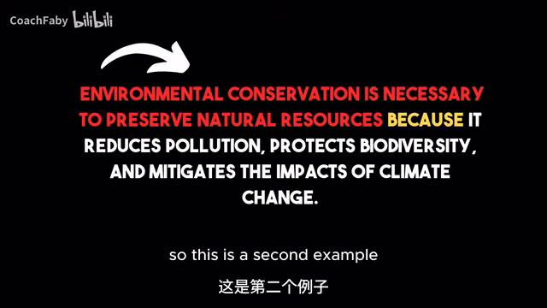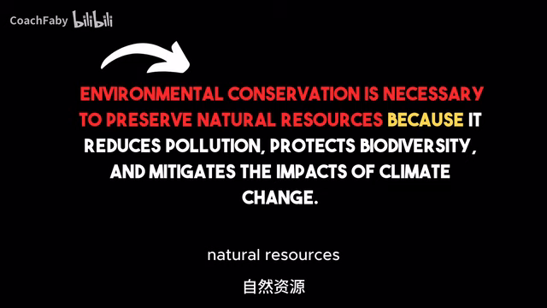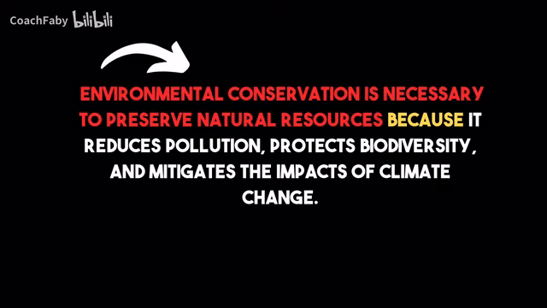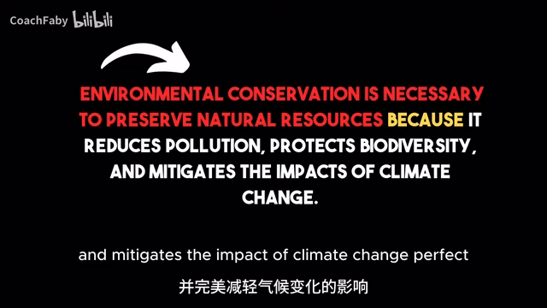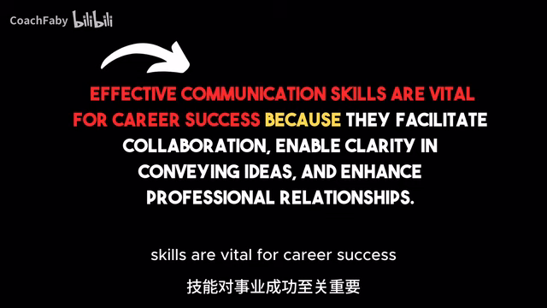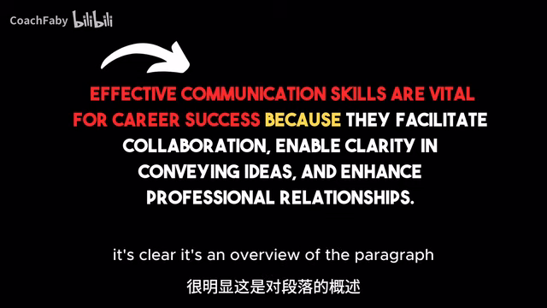So this is a second example. Environmental conservation is necessary to preserve natural resources because it reduces pollution, protects biodiversity, and mitigates the impact of climate change. Perfect. Another example. Effective communication skills are vital for career success. This is my idea. It's clear. It's an overview of the paragraph.